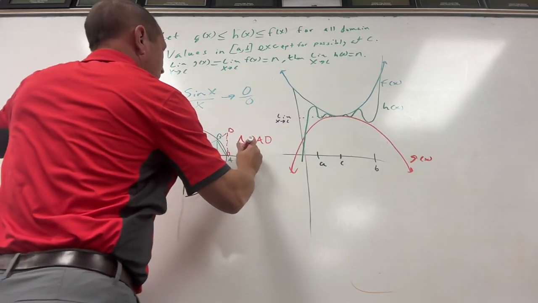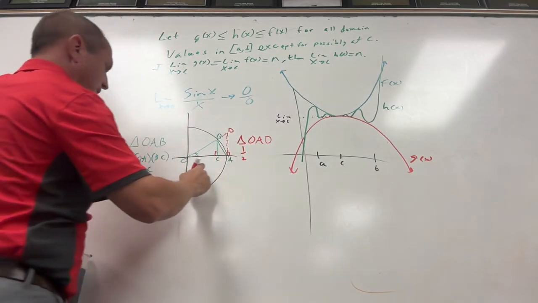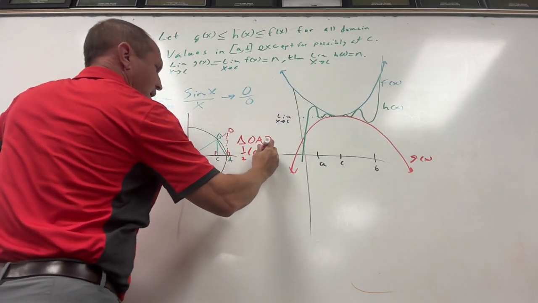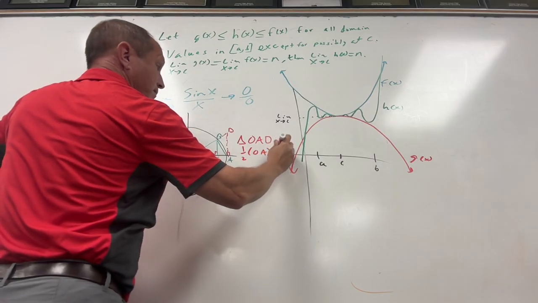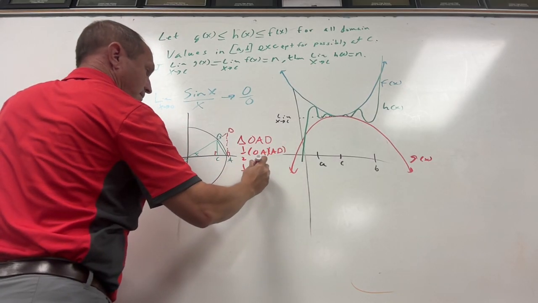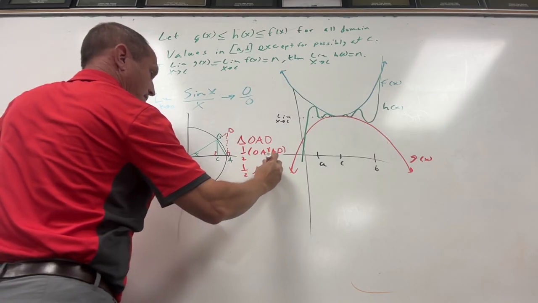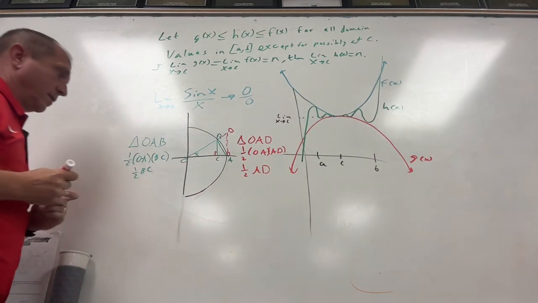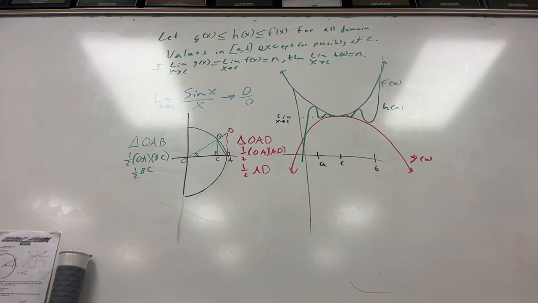All right. Well, I'm going to write an extra step in there. It's 1/2 base times height, right? So it's 1/2 of OA times AD, which does become, as you said, 1/2 AD. Are we okay with that?